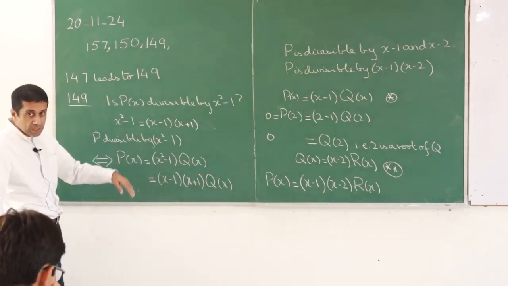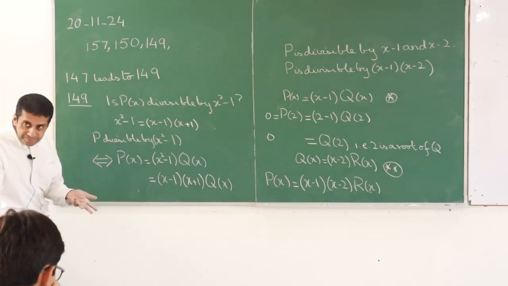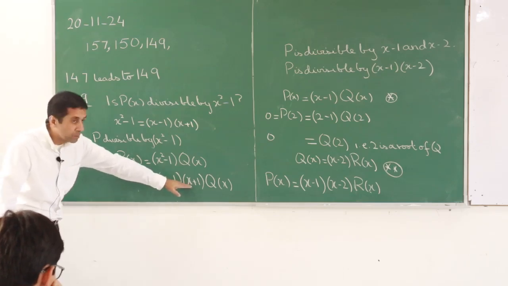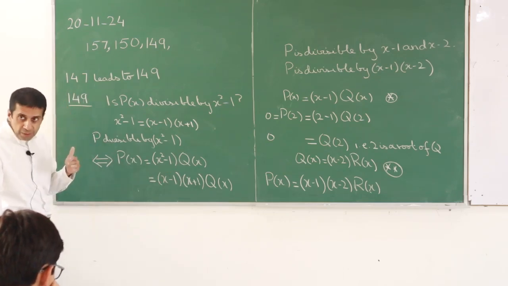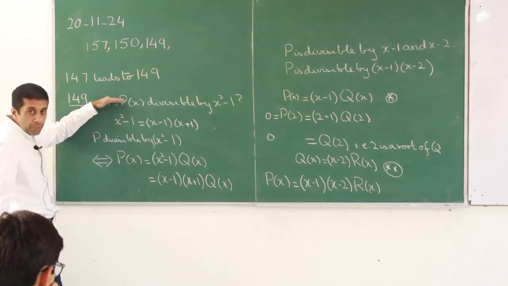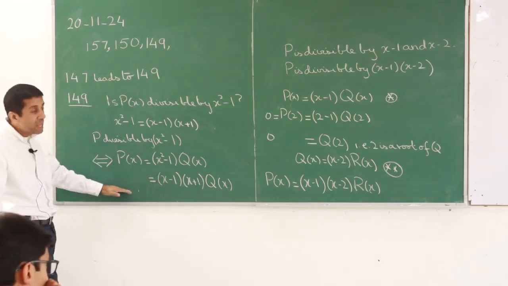What that means is that 1 and minus 1 are roots of p, right? Agreed? Because when you put in 1 you get a 0, when you put in minus 1 you get a 0, so 1 and minus 1 are roots of p. So, if p is divisible by x square minus 1, then minus 1 and 1 are roots of p.